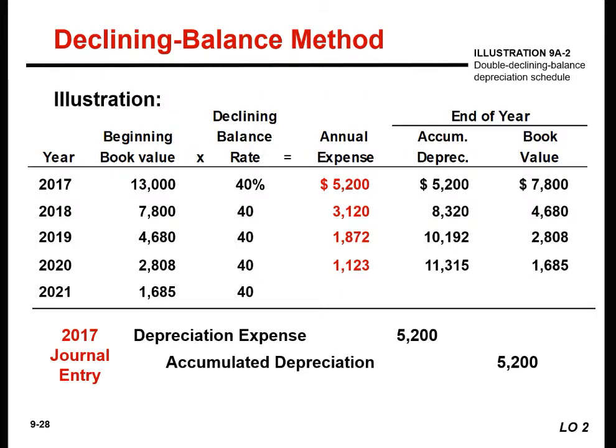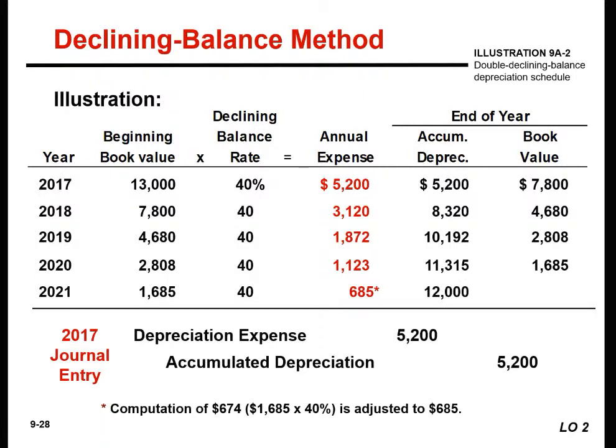1,685 multiplied by 40% is actually 674. We will adjust that in the final year to bring our book value to the salvage value of 1,000.